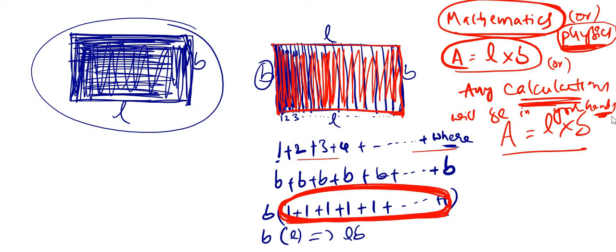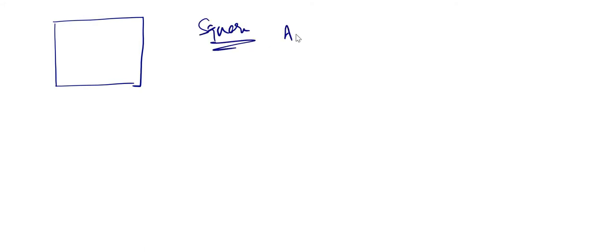For a simple example, let's consider a square. As we know, for a square all the sides are equal.